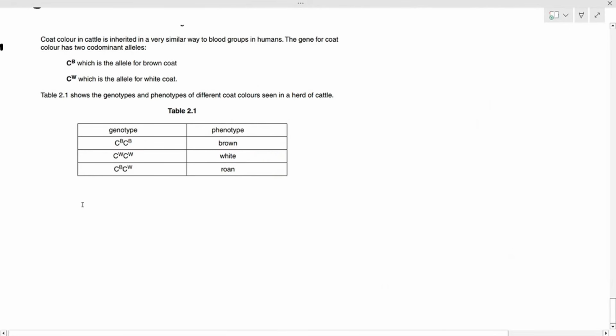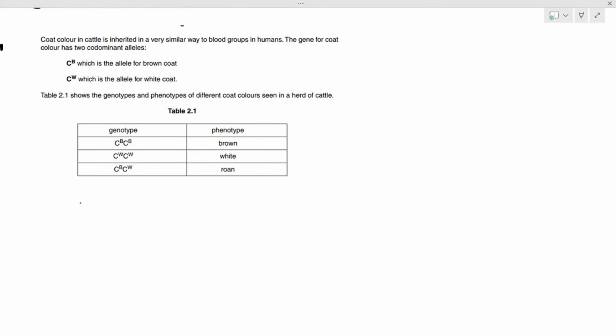For the example about codominance right here, I've also taken this one from a past paper, and they've mentioned it. The coat color in cows is inherited in a very similar way to blood groups in humans. The gene for coat color has two codominant alleles.